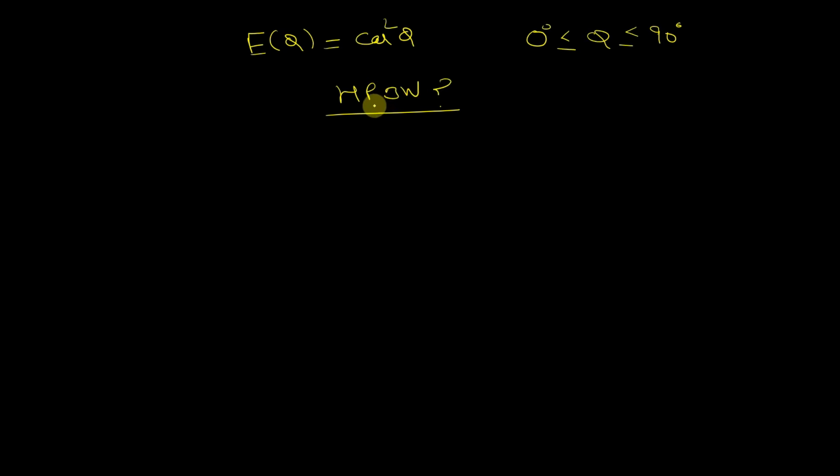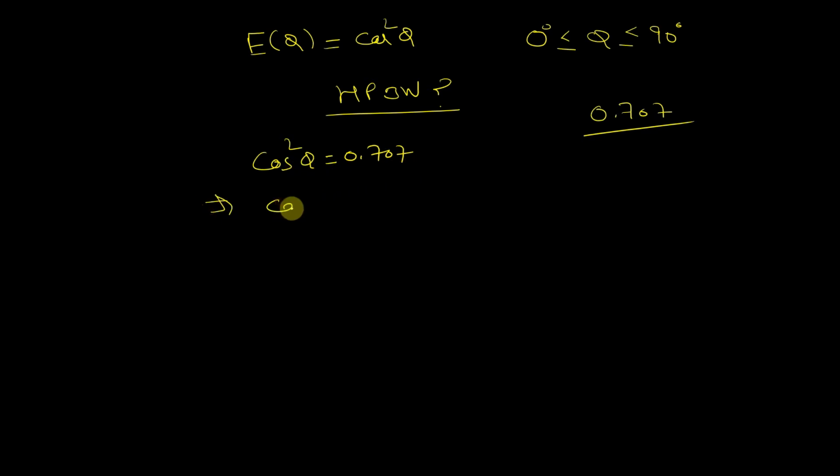E theta is given. Now you know that if E theta is given, half power beam width will occur at 0.707 of the field pattern. So put this value. Half power beam width will occur when cos square theta is equal to 0.707.